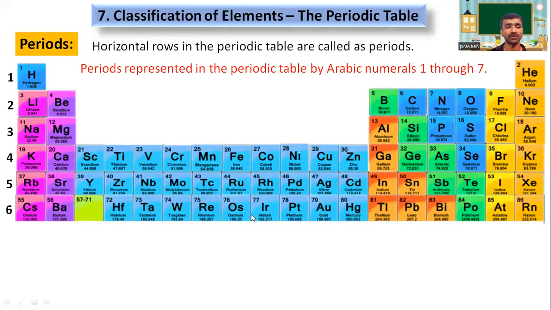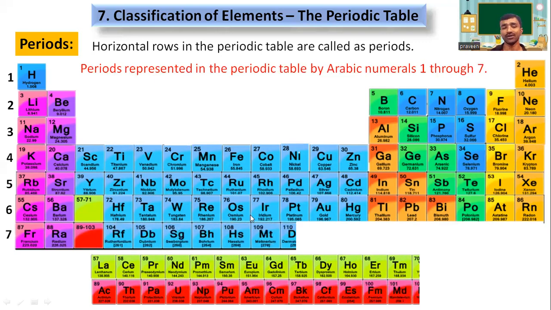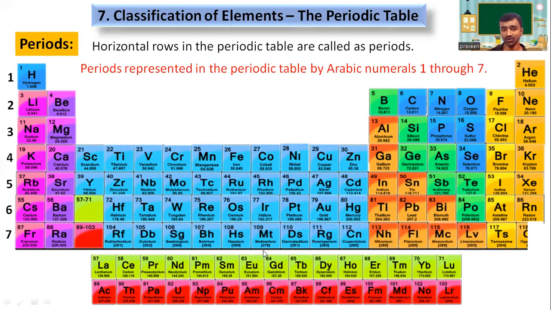The last period started from francium to oganesson, right? The lanthanides and actinides belong to the 6th and 7th periods. The 57th to 71st elements belong to the 6th period. The 89th element actinium to lawrencium belong to the 7th period.